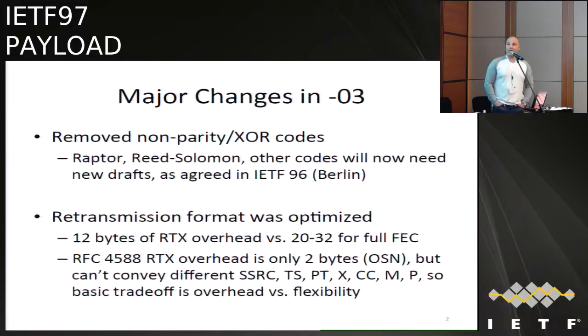And all of those things would not be possible if we collapsed all the way down to the 4588 format. So if you look at all the stuff that it doesn't allow to be different, SSRC, the timestamp, the payload type, all of those things cannot be flexible under 4588. They have to be either derived from SDP or they have to mirror exactly what was in the original stream.